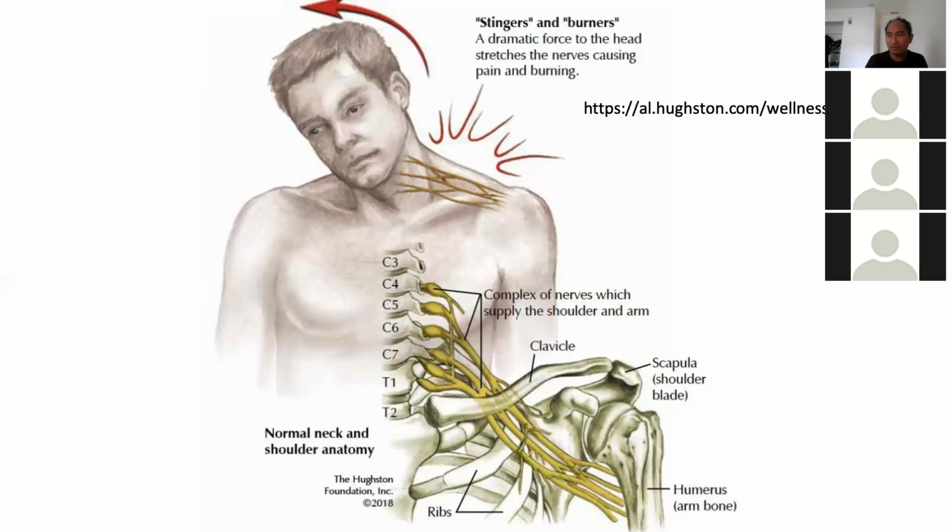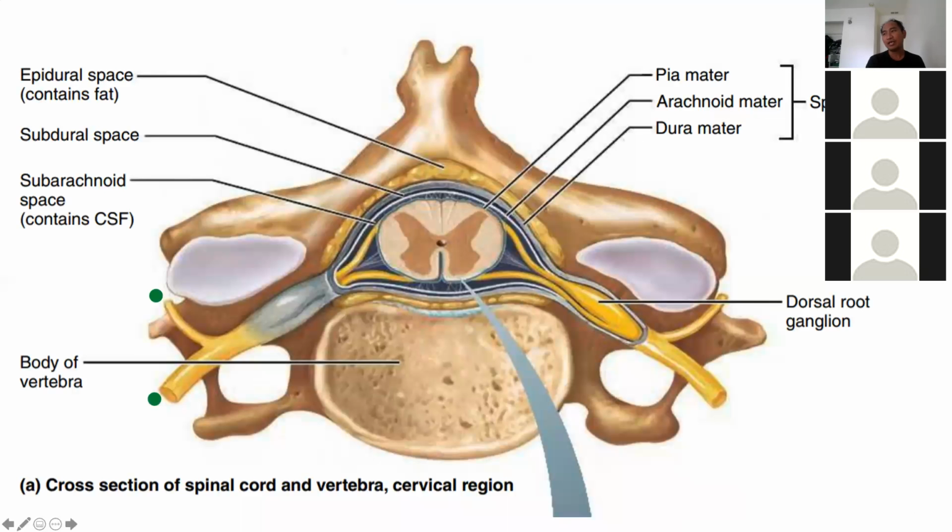So now we're talking about the brachial plexus, which is the formation of cervical 5, 6, 7, and thoracic 1 nerve roots. Of course, as you know, they are the anterior or ventral rami from cervical 5, cervical 6, cervical 7, cervical 8, and thoracic 1.